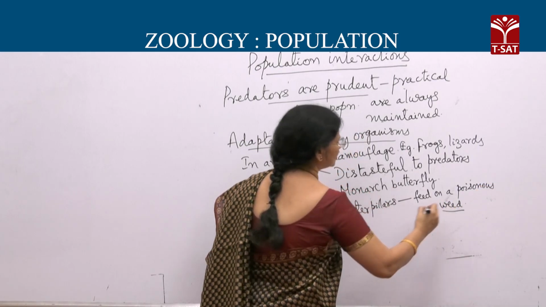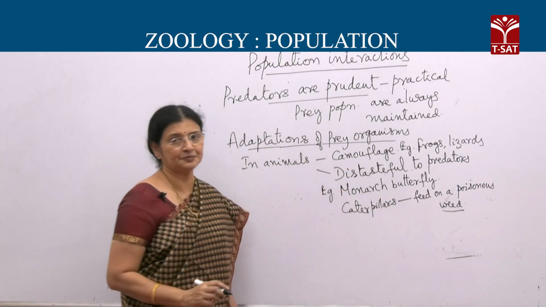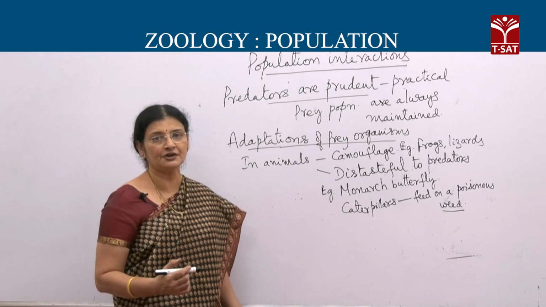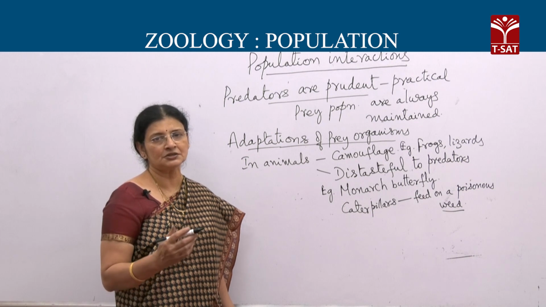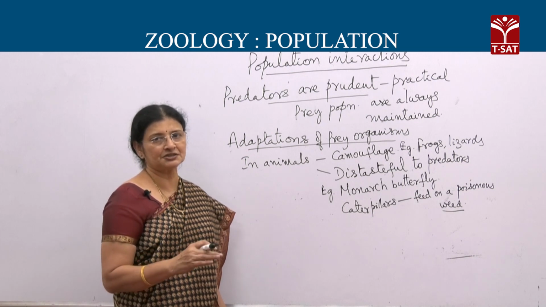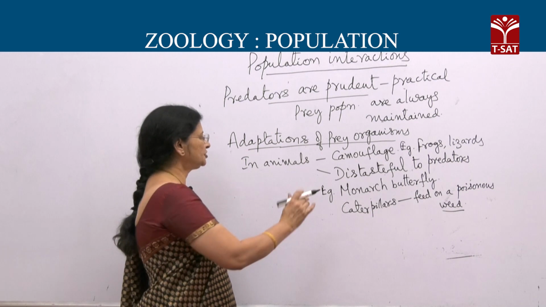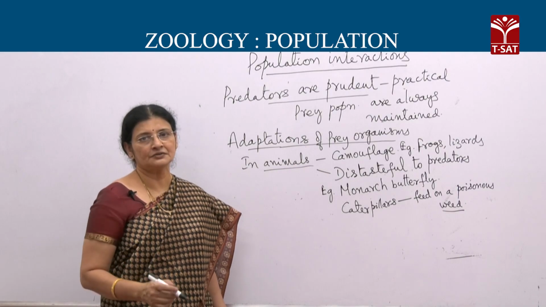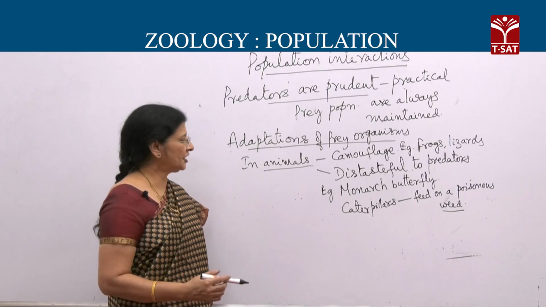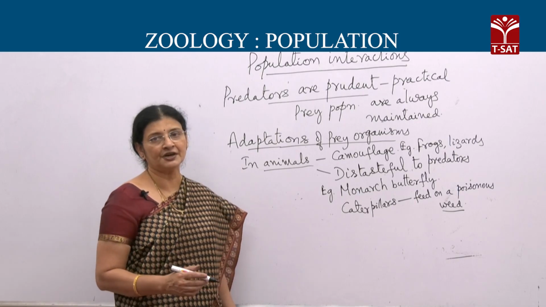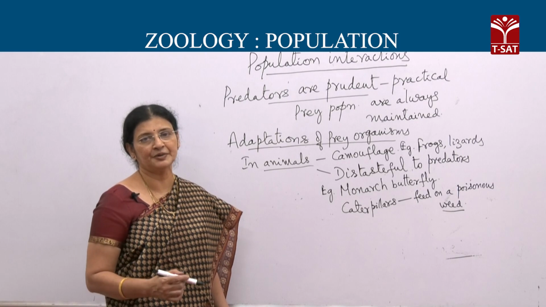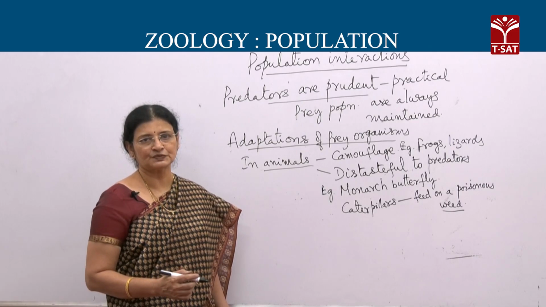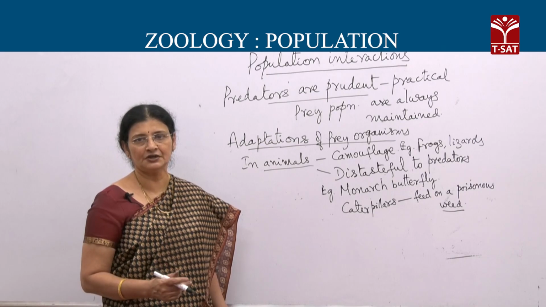It does not harm the caterpillars, but when they metamorphose into butterflies, these butterflies develop a sort of taste which is not liked by their predators. So that is how these monarch butterflies escape from the predators, by developing this distasteful nature.